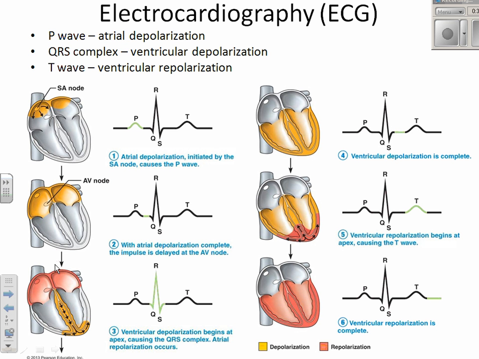For example, some part of the heart may be enlarged, and that might show up on an ECG. Sometimes it'll be something they can treat. It might show that there's heart damage, that some portions of the heart muscle have died and it can't pump the same.